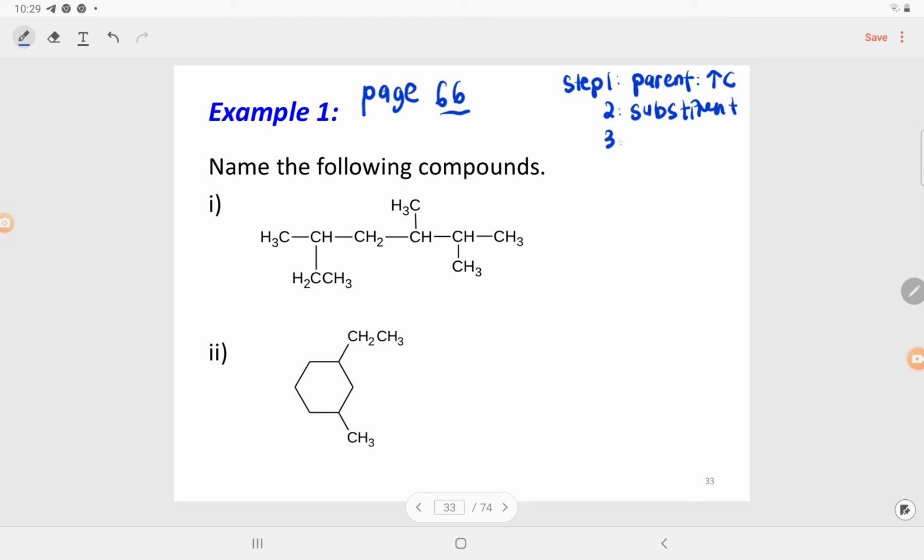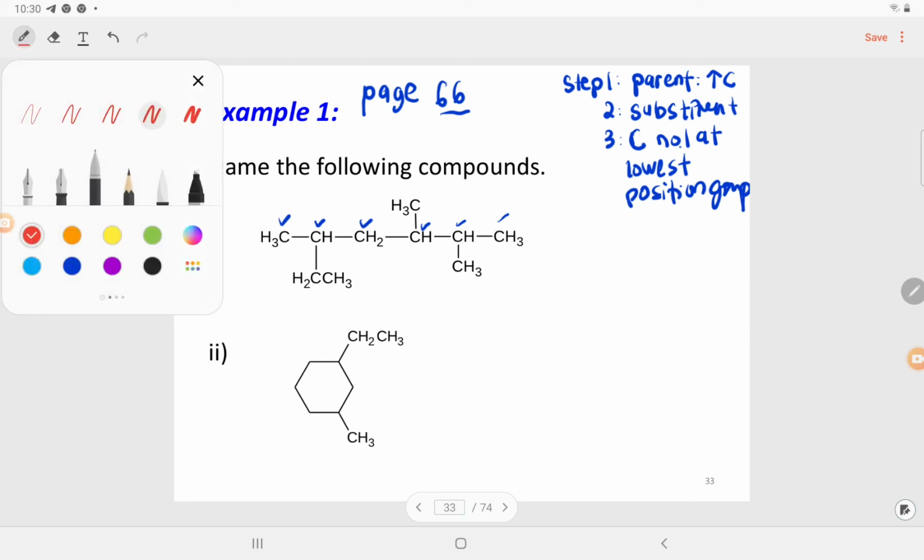And then step number 3, allocate carbon number 1 at the lowest position of the substituent group. Okay, this is where we focus first. When we calculate, we can find 1, 2, 3, 4, 5, 6 carbon atoms from left to right.